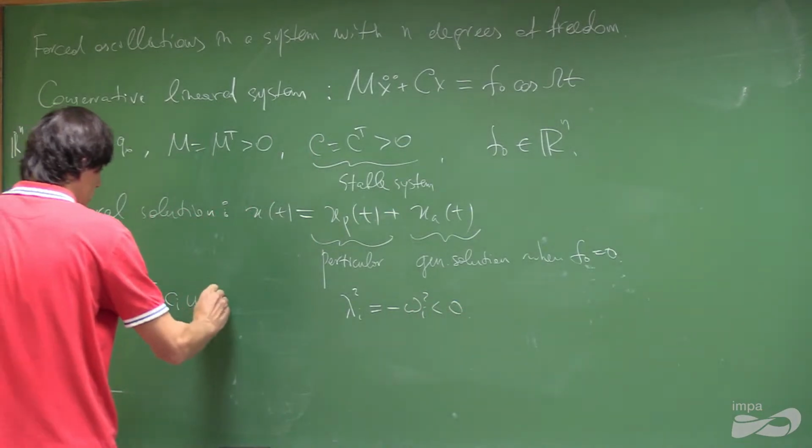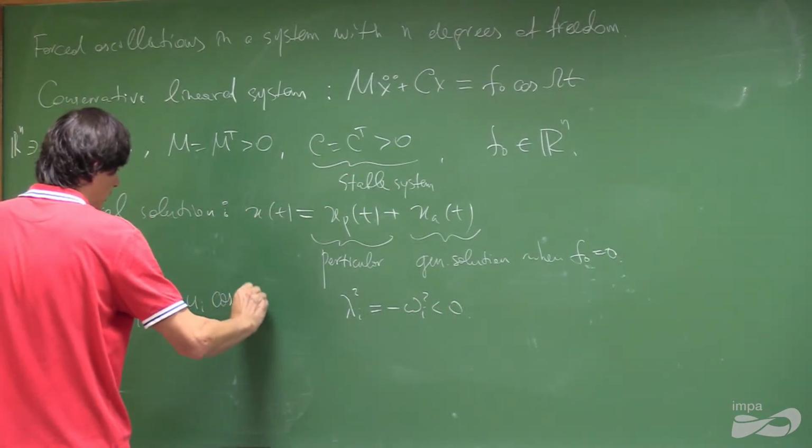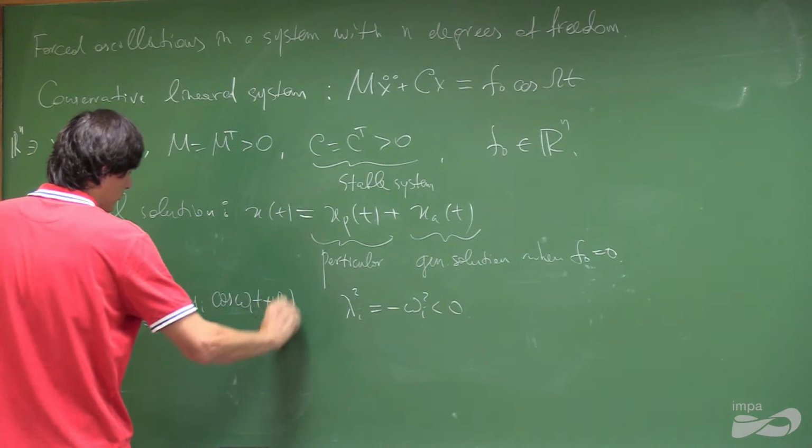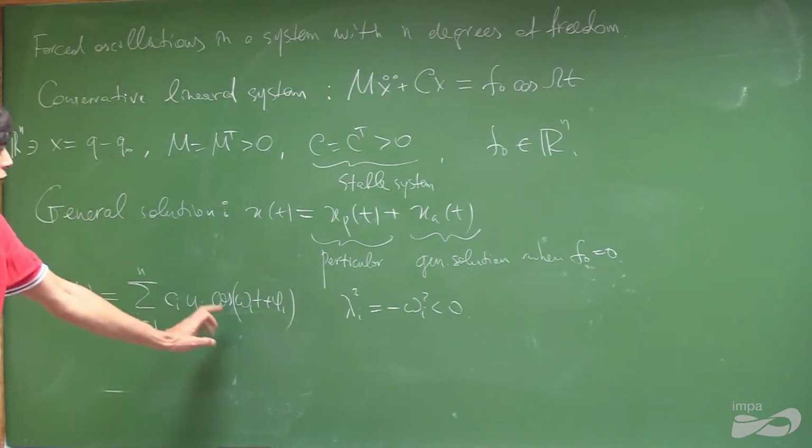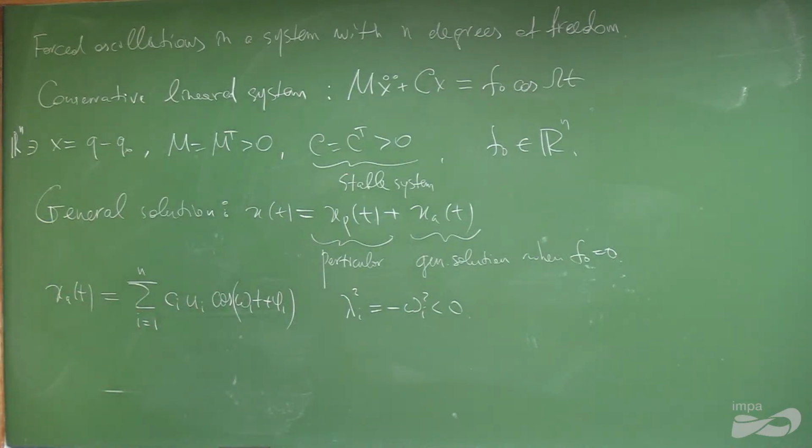So you can just take cosine omega_i t plus an arbitrary phase. This is a way we can write either cosine plus sine or cosine plus phase. It is the same formula. So that's the general solution.